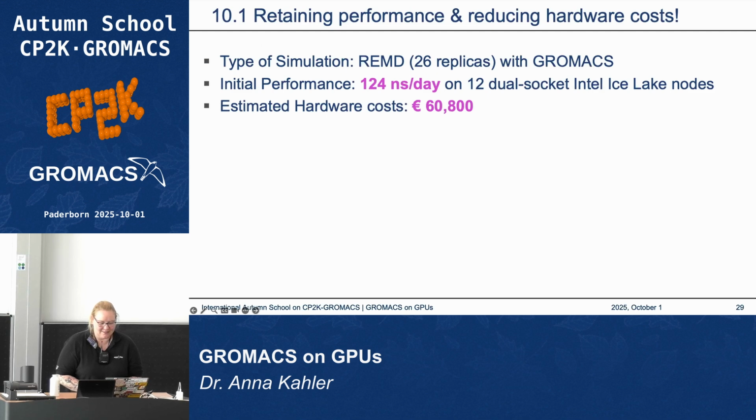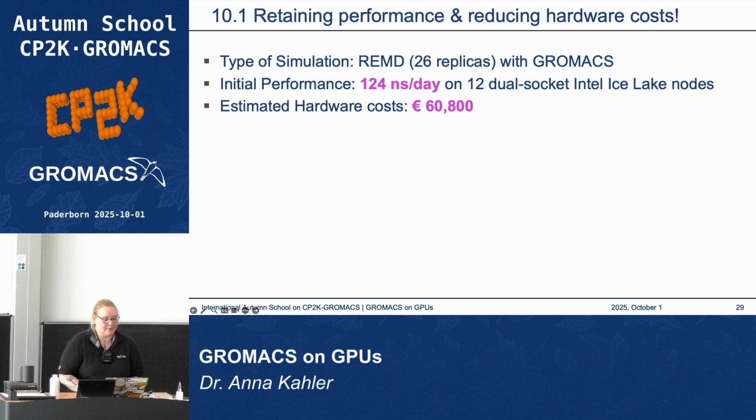So the first example is a replica exchange MD simulation that ran with 26 replicas using GROMACS. The initial performance that the user gave us was 124 nanoseconds per day on 12 of the dual-socket Intel Ice Lake nodes, which in the beginning they were okay with, and then they heard it could go maybe a bit faster, maybe if we go to GPUs, maybe if we use more nodes.